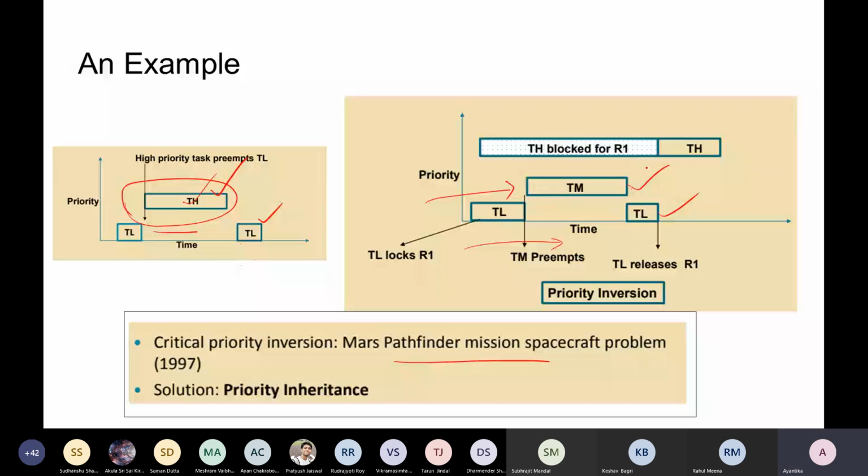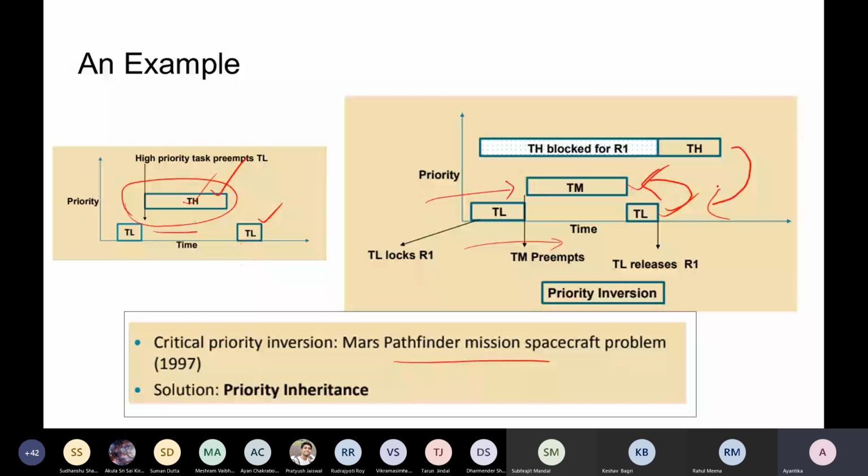Now, due to some flaw in the design, not only a single medium priority task, but multiple such medium priority tasks were spawned in the system. And for that, the low priority task was waiting for the medium priority tasks to complete. And the high priority task was again waiting for the low priority task to complete and release the shared resource so that it could preempt, execute and complete its operation.